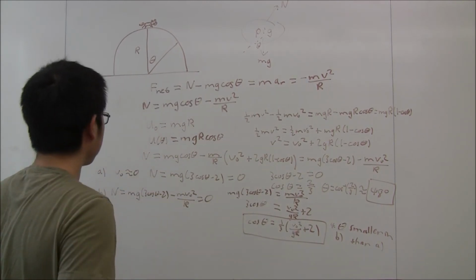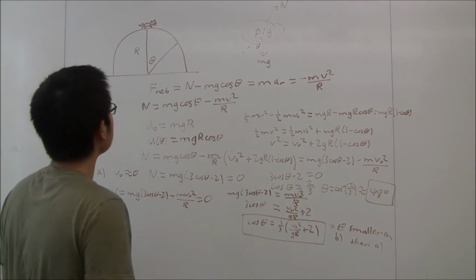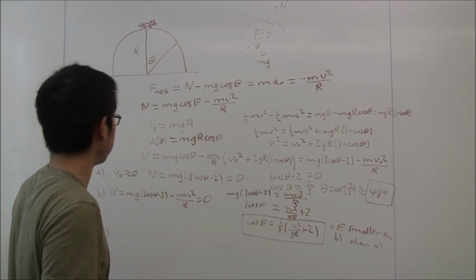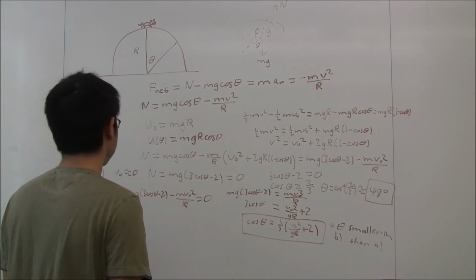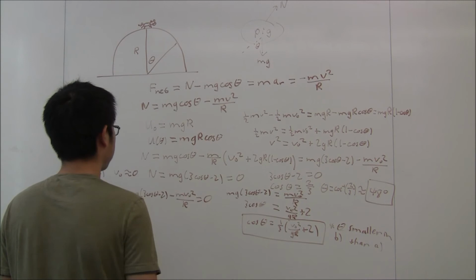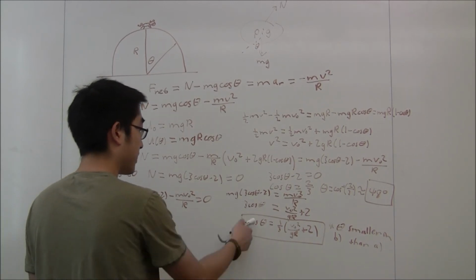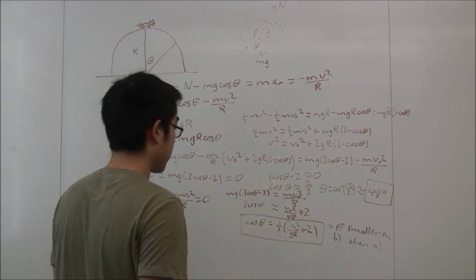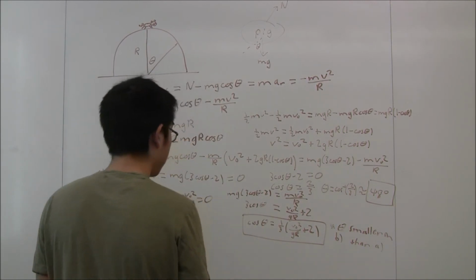Now in part C of the problem, we want the pig to leave the dome immediately at the top of the dome, which means that at theta equals 0, we want the normal force to disappear. So here we have our general expression for theta when the pig leaves the dome.